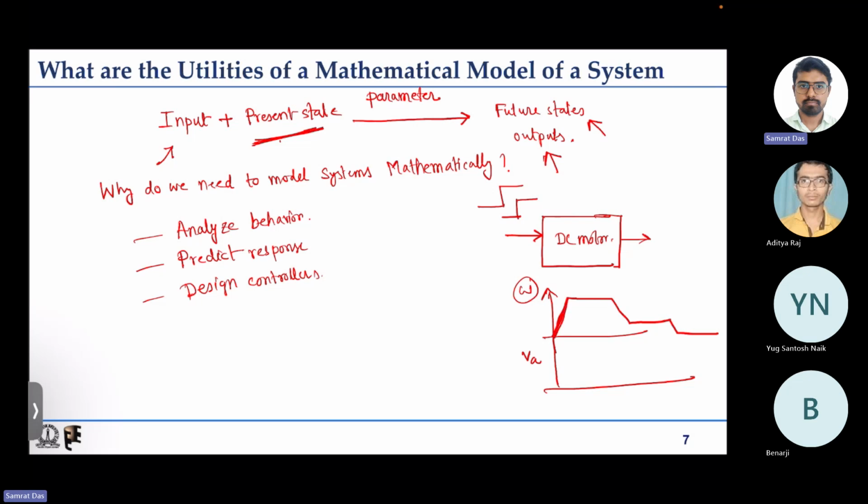If that is very crucial, then the dynamic mathematical model of the system will enable us to design controllers that, when given this kind of speed reference, will on their own generate the voltage that is required to be applied across the motor terminals to get this type of speed profile. So designing controllers is crucial.